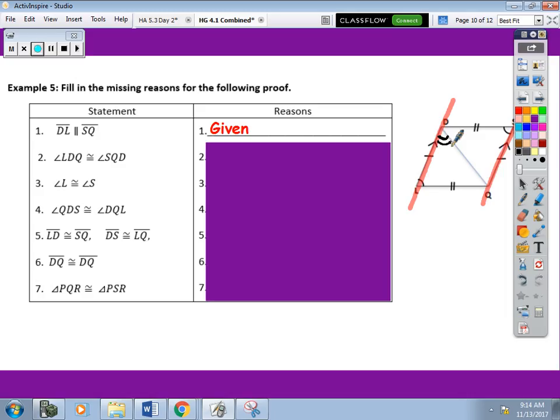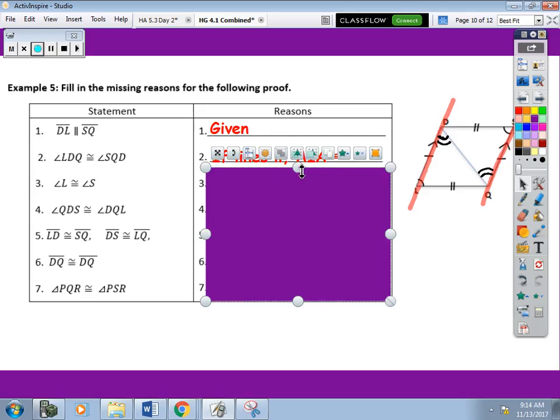So LDQ is congruent to angle SQD, so I'll put 2 markings there. Why are those angles congruent? Joseph? Perfect. These are alternate interior angles. So you're either going to write out alternate interior angles theorem, or you're going to write if lines parallel, AIA congruent. So a lot of the stuff we did in chapter 3 is going to follow us into chapter 4.